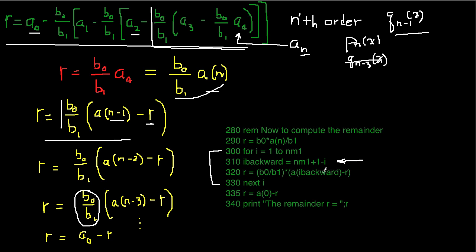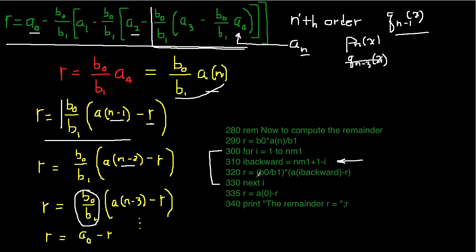So when I equals 1, it gives me my second estimate for R. Then it goes back up and implements everything again. This time I backward is n minus 2. So that's this right here, and it calculates B0 divided by B1 times A n minus 2 minus R.